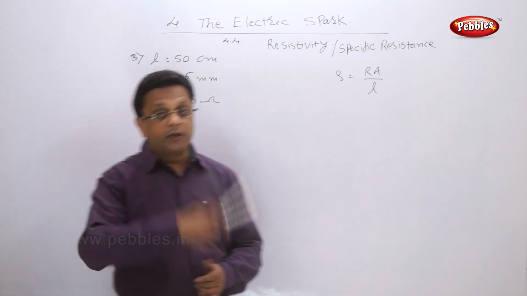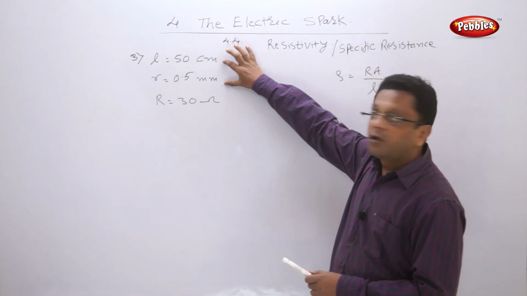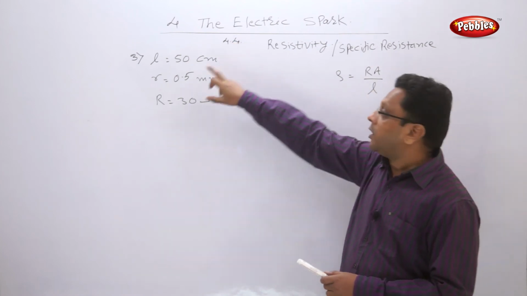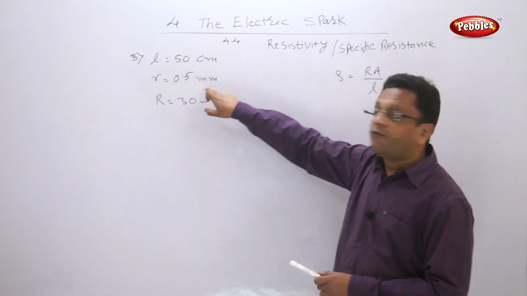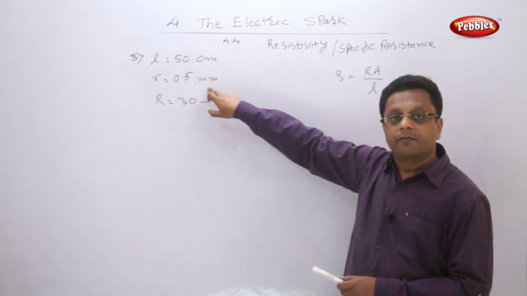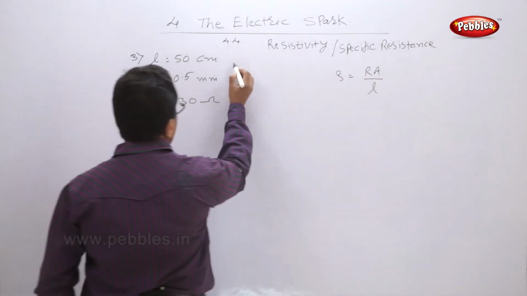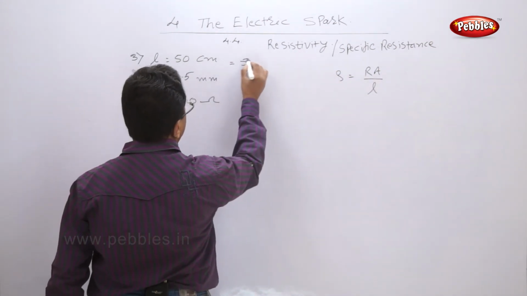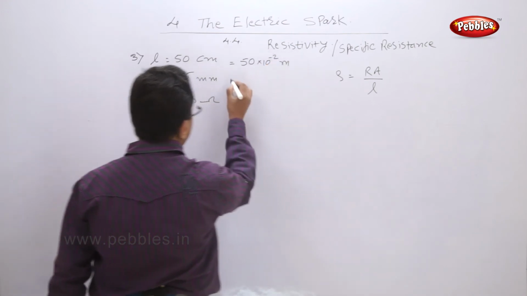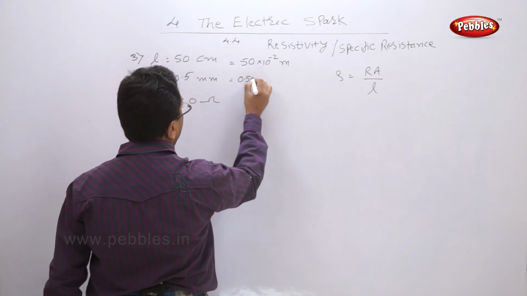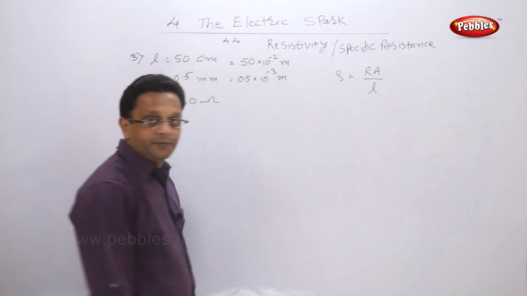Now one more thing you have to remember: these are not in the SI system. They are given 50 centimeters and the radius is 0.5 mm, right? So first of all we have to write those in meters: 50 into 10 raised to minus 2 meter, and 0.5 into 10 raised to minus 3 meters.